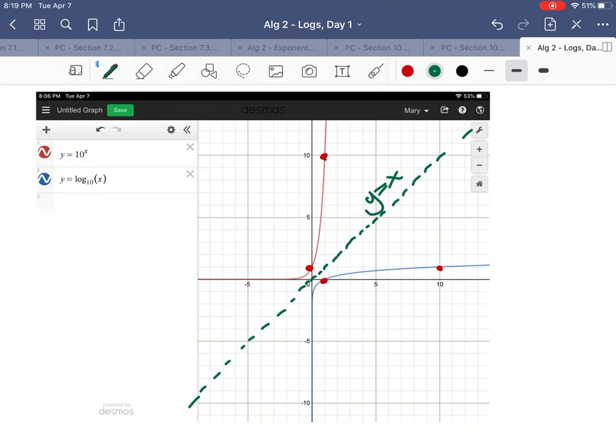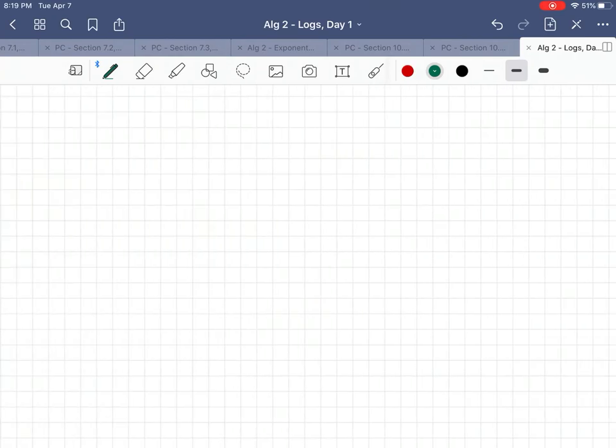All right, so now I'm going to teach you about this log. What the heck is this? When you have a log function, it has a base, it has something you're taking the log of, and then it has an answer. This is the log form.